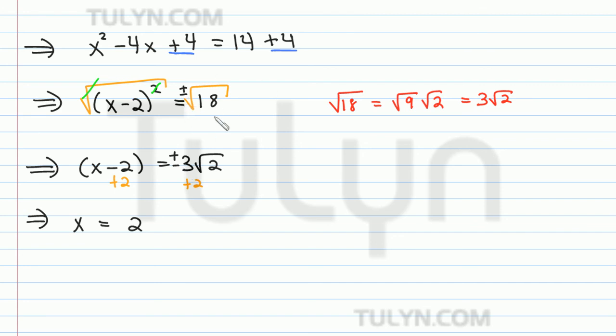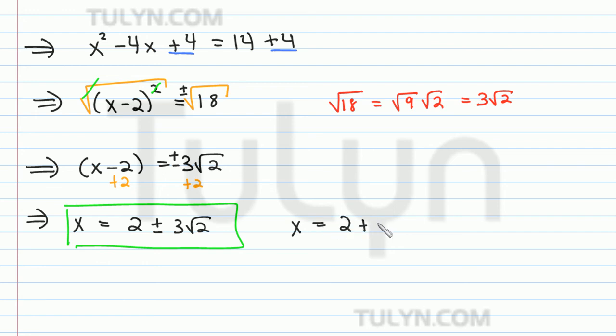Which happens anytime you take the square root because that's what satisfies it. So this becomes 2, positive 2, plus or minus 3 times the square root of 2. And so, since there's nothing else we can do to reduce x, this is the final value. So x is either equal to 2 plus 3 square root of 2, or x is equal to 2 minus 3 square root of 2.